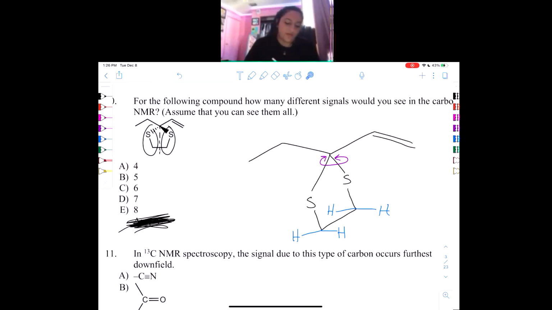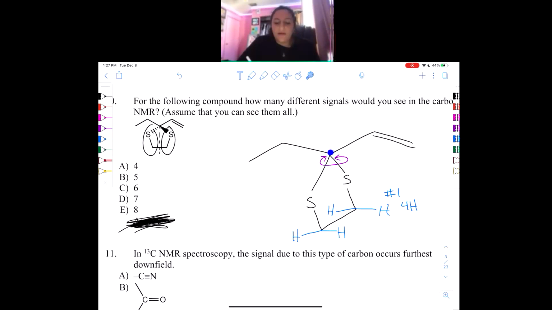So we're going to say that all of those four are equal. This is going to be signal number 1. And what is the integration, aka how many hydrogens are in this signal? Four, exactly.